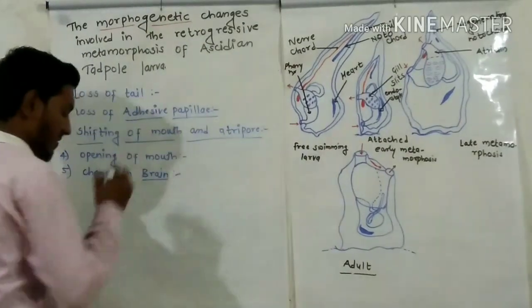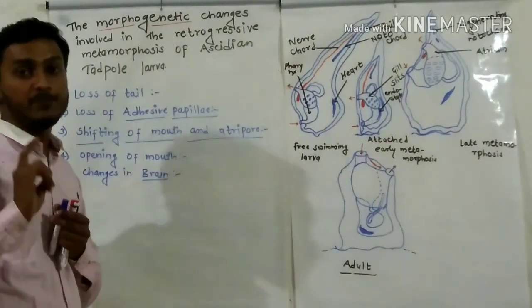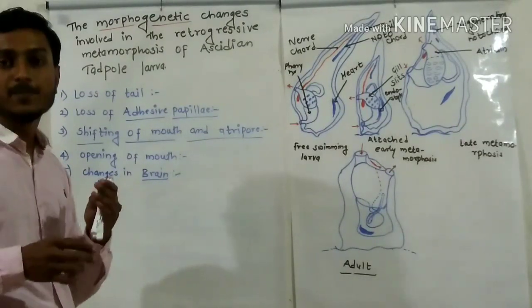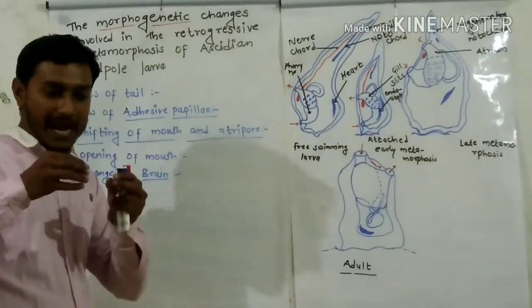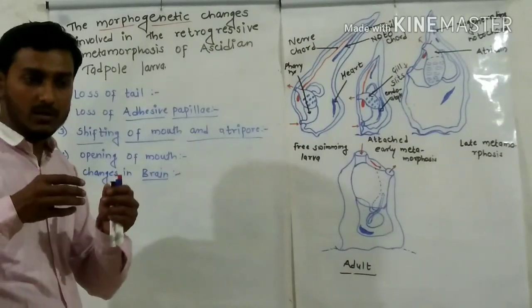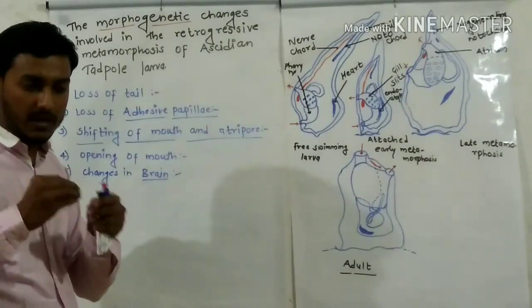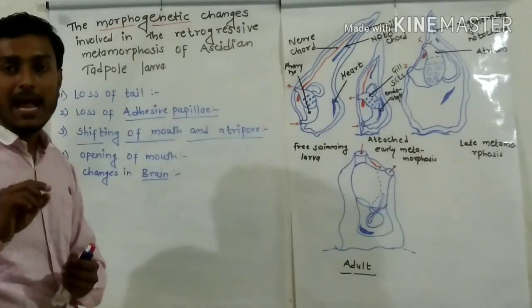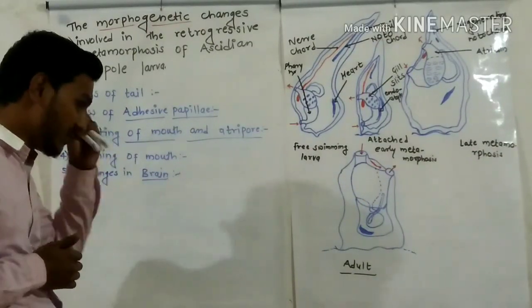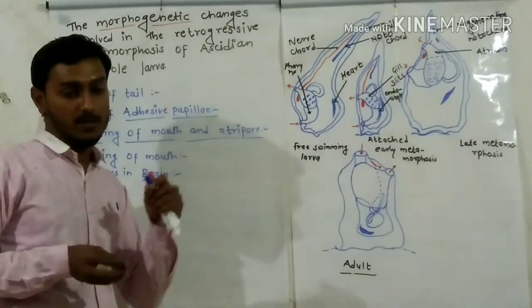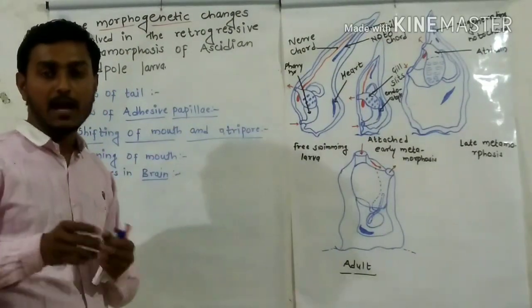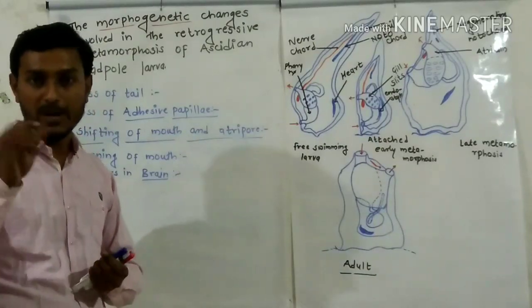Now what changes are taking place in the brain? The sensory vesicle and its parts get degenerated, and the anterior part of the cerebrum attaches with the pharynx and forms the neural gland, as it is formed from the anterior part of the pharynx and the cerebrum, that is the brain.